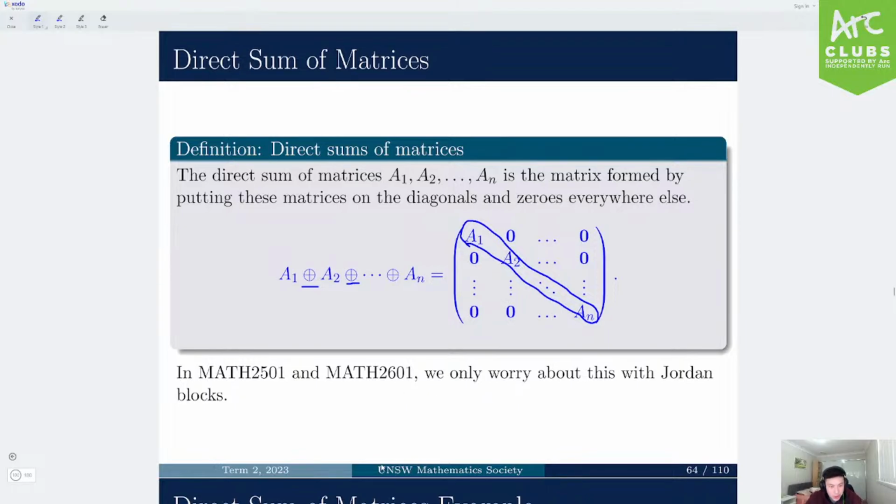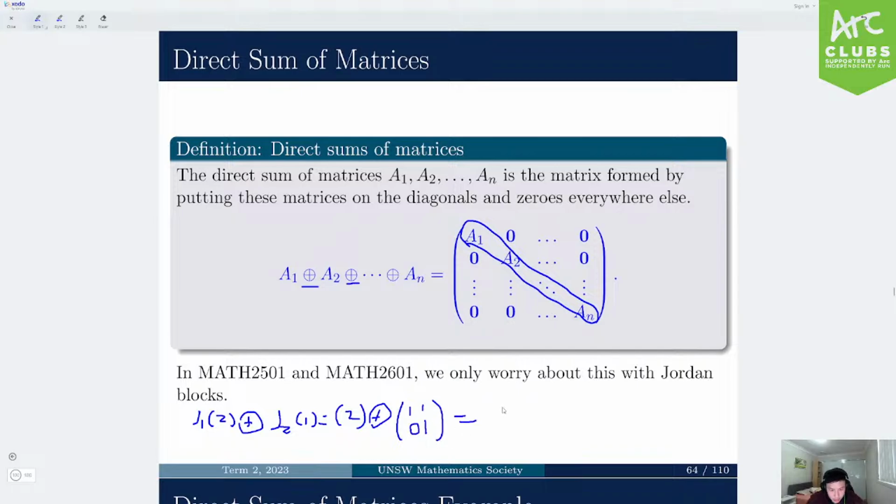Okay, so a quick example, if we have, let's say, J1(2), and we direct sum this with J2(1). Okay, so what this looks like is J1(2) is just going to be the single entry here, and we direct sum this with the Jordan block of 1s.